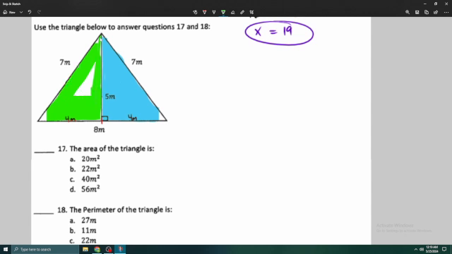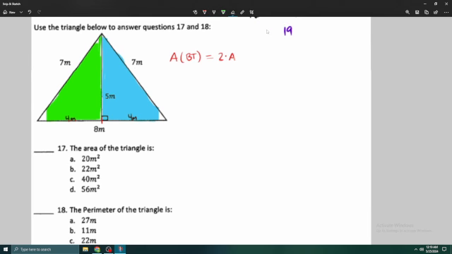So I can actually just find the area of one, right? So the area of the big triangle is going to be equal to 2 times the area of the blue triangle.